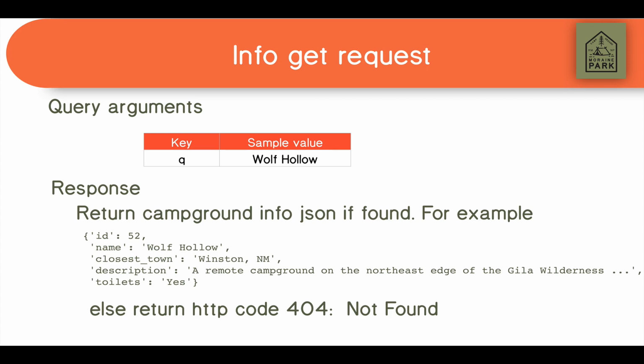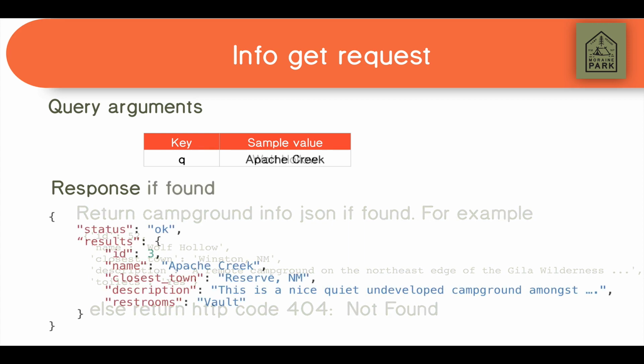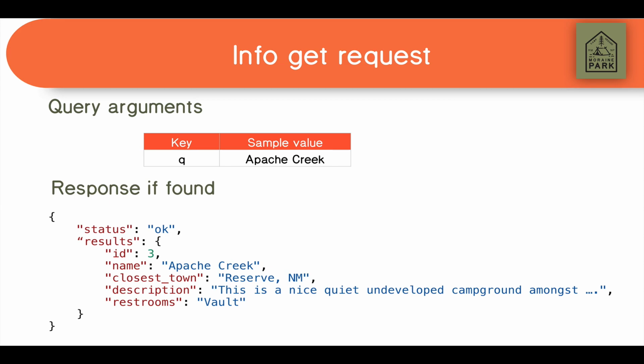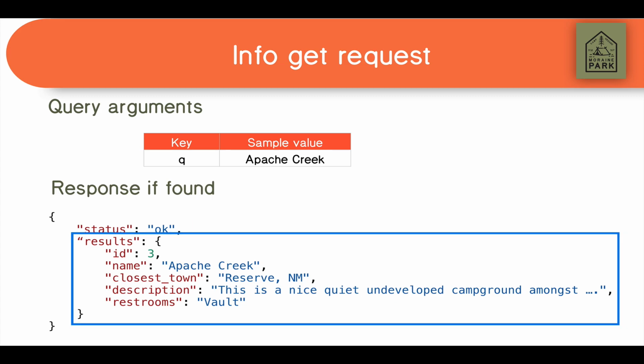And for the purposes of this video, I've selected something kind of difficult just to be able to highlight how to do more complex things or how to construct more complex JSON objects. And we're going to have this status field. So we'll say status OK if we found something. And then in the results field, we'll list the results that we found.